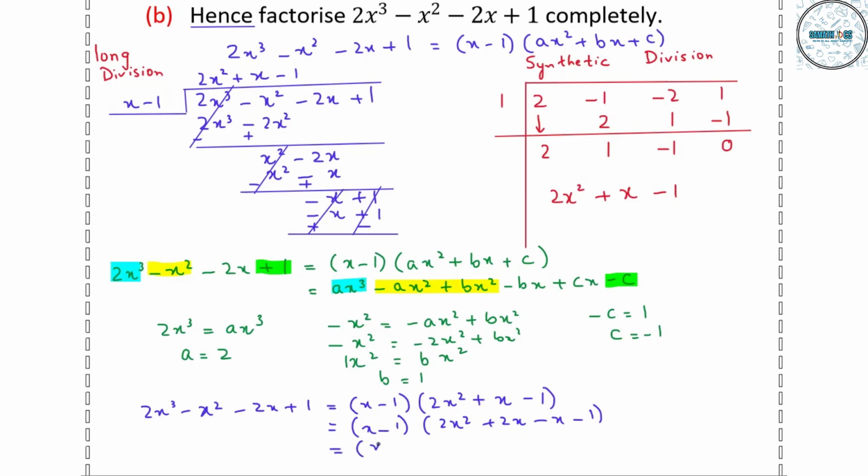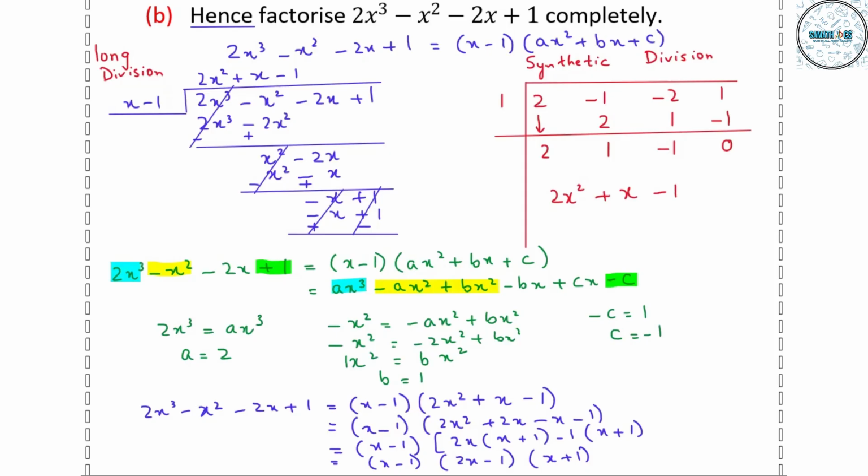We can further solve it. 2x is common, x plus 1, minus 1 is common, x plus 1. So we have here x minus 1, 2x minus 1, and x plus 1. So 2x cubed minus x squared minus 2x plus 1 is factorized completely to x minus 1, 2x minus 1, and x plus 1.